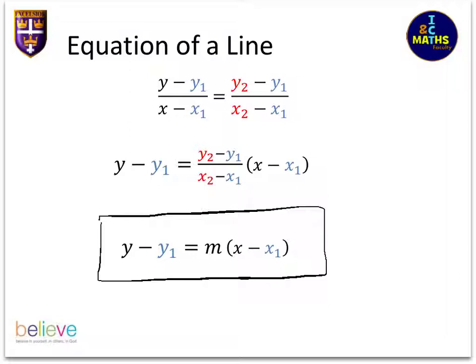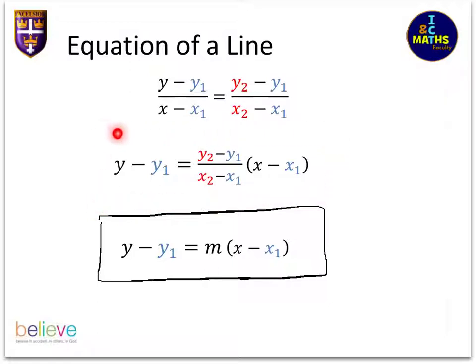This is a standard equation of a straight line. I can rearrange this if I want to make something that looks even more like our y equals mx plus c, but there's no need to, and at AS level we don't expect that to happen. This is a really important equation. This is the equation of any straight line that connects the 2 points that we had earlier on.